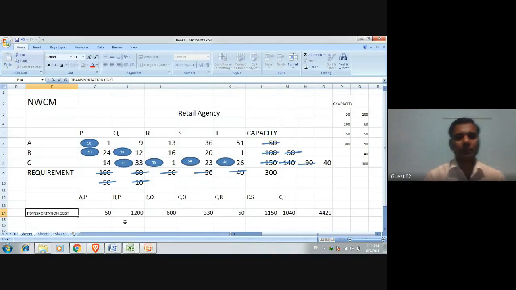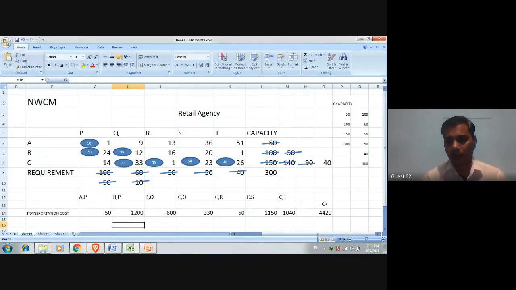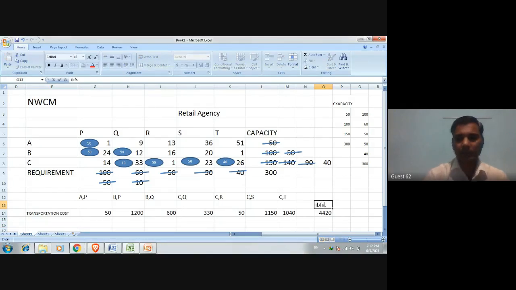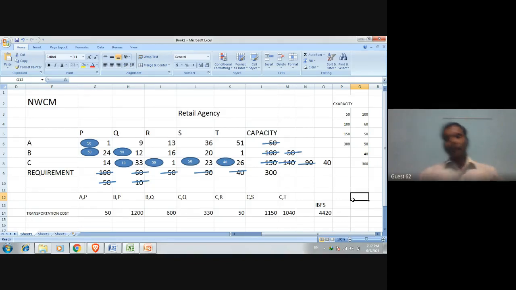Okay. This is your transportation cost, and I am writing down IBFS. This is your initial basic feasible solution, that is 4420. Okay. So after solving this transportation problem by the northwest corner method, the basic feasible solution is 4420.